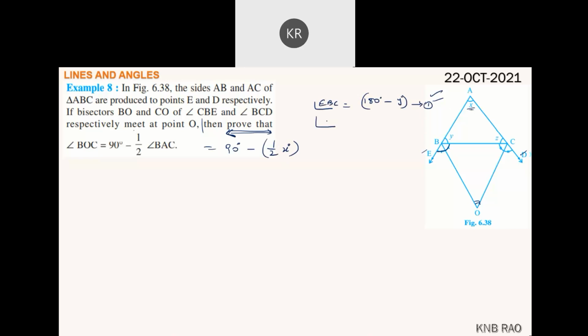Perfect. Next, angle DCB. How much is it? 180 degrees minus x. X or Z? Z. Z, sir. This is the second. This way you can say, another also you can say. What is another? Angle EBC is x plus z. Can I say?